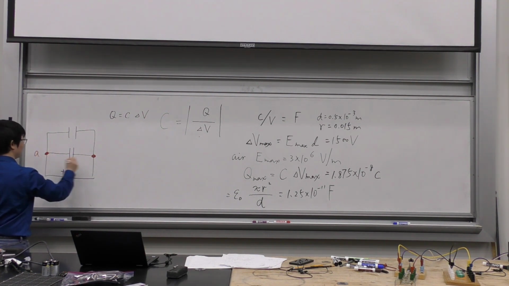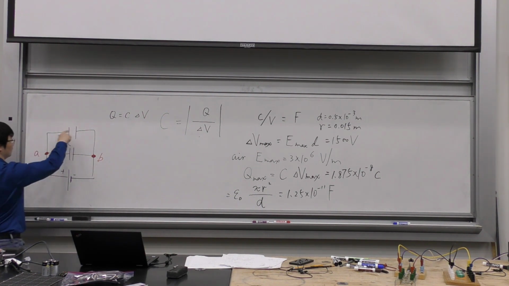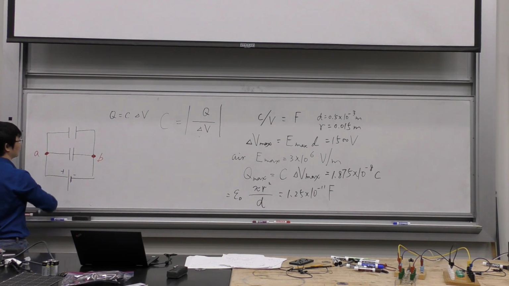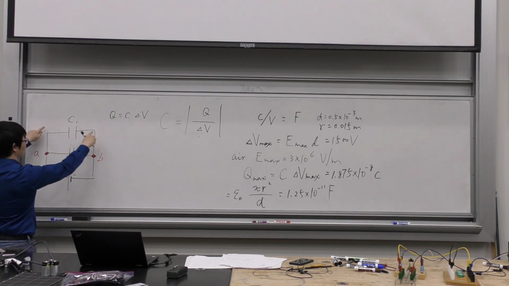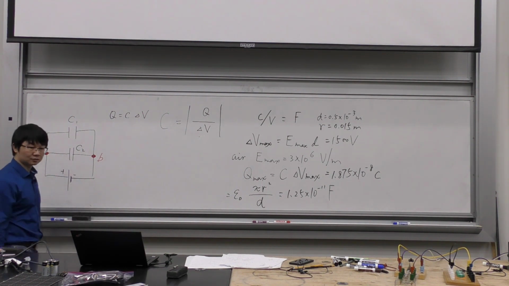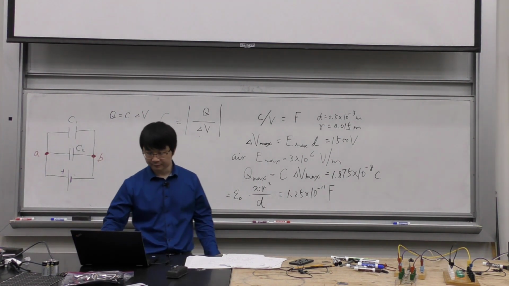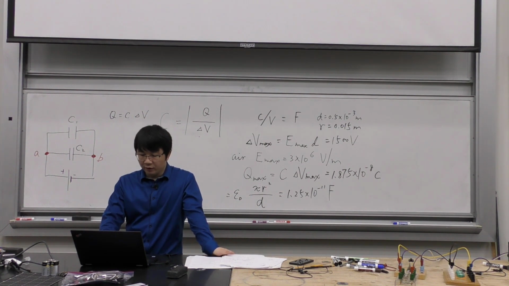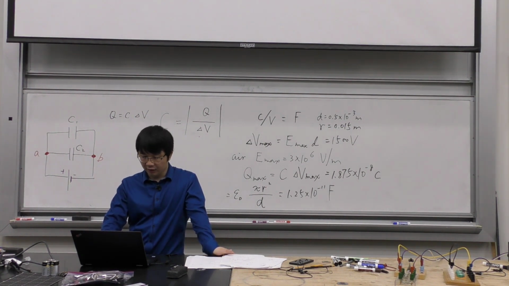If I call these A and B, this C1, let's say, is connected between A and B. C2 is connected between A and B, right? Both of them are connected to the same two points, A and B. Okay, so they're in parallel. So what is the connection between them? We want to find some relations between them, so that can help us work with them in parallel.